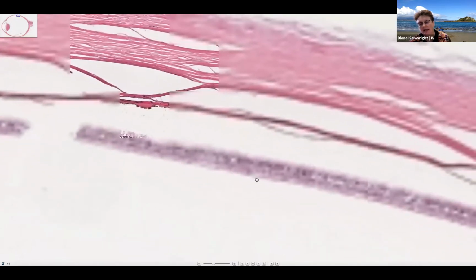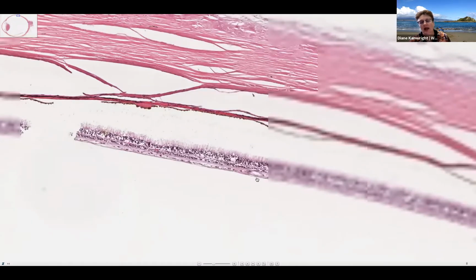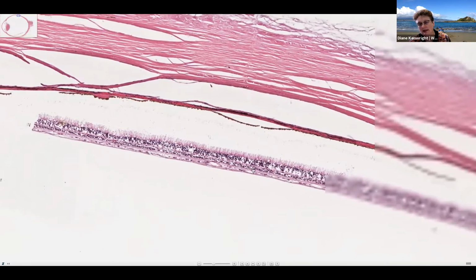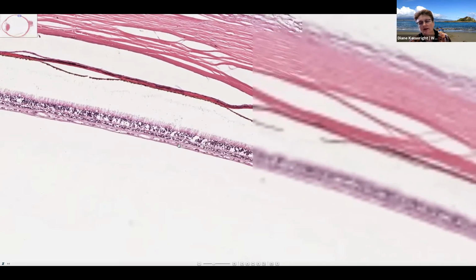So it's very subtle, right? Because there aren't many ganglion cells out here, which is why I say please go and look at the macula for ganglion cells. But we've got, you know, 1, 2, and very few ganglion cells out here as we move along. And it renders just in front of me like a wave.